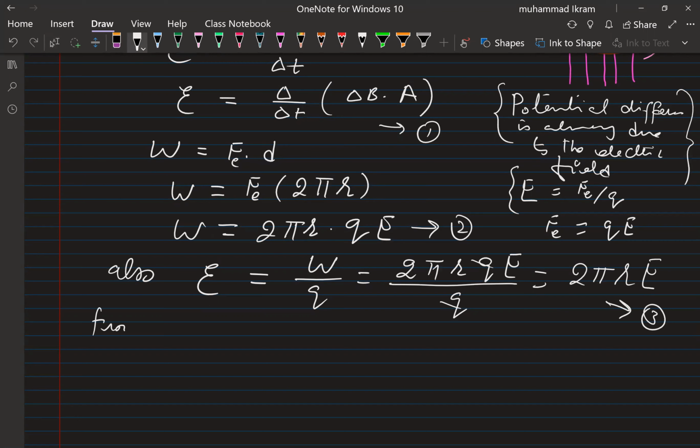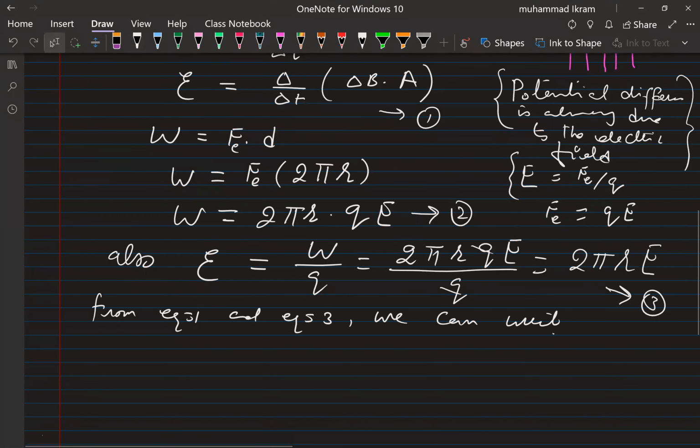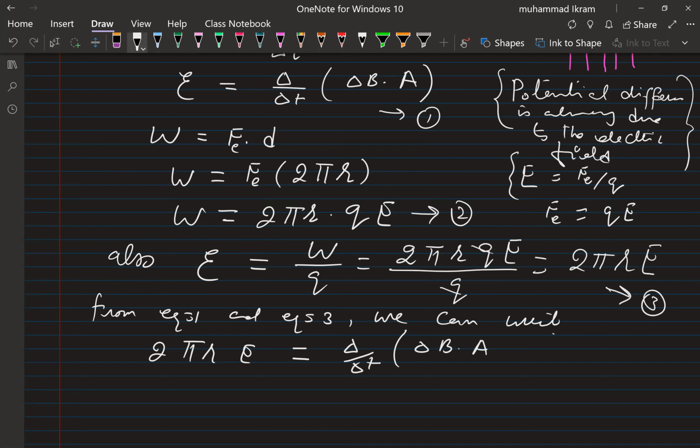From equation 1 and equation 3, we can write that the electric field intensity times 2 pi r, E, equals delta by delta t into delta B into A.